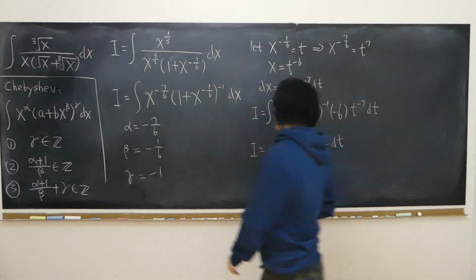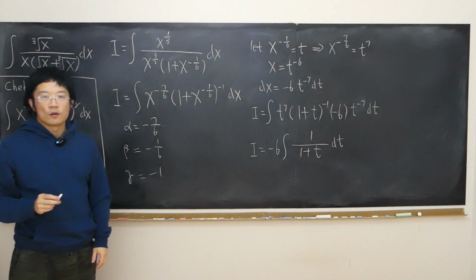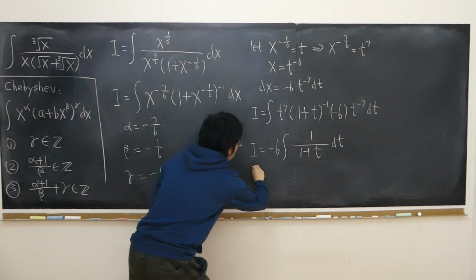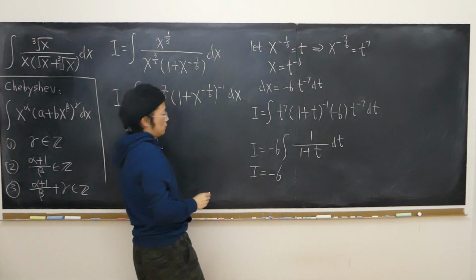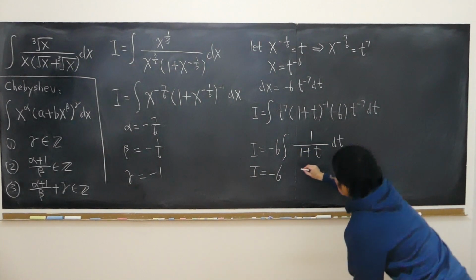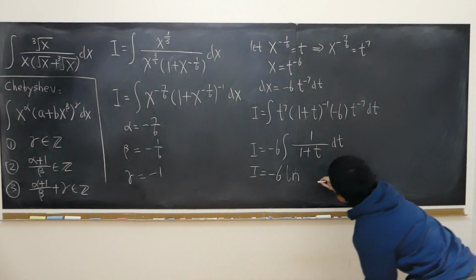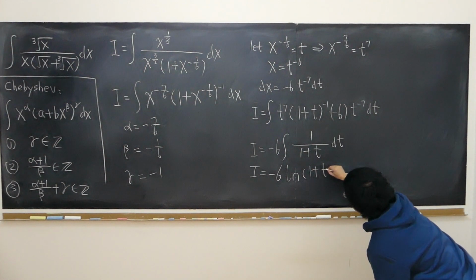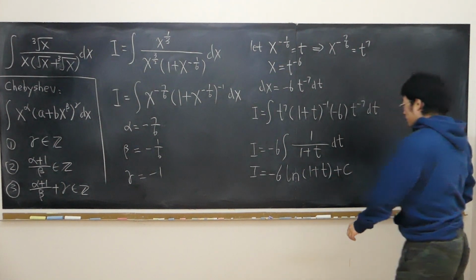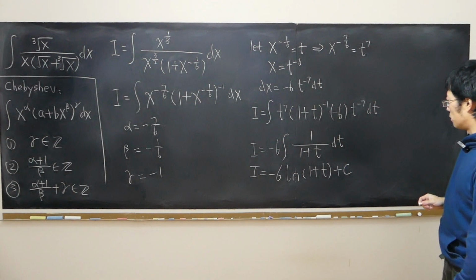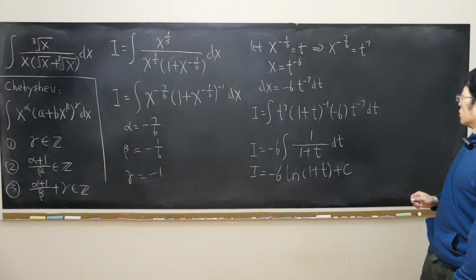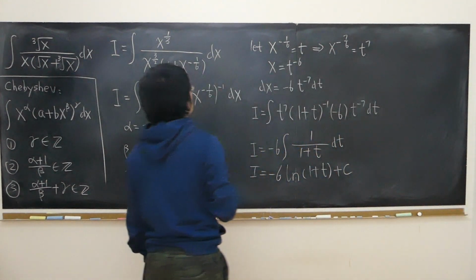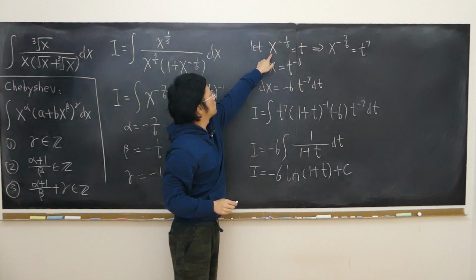Okay, this looks familiar. This is actually a log. So I is equal to minus 6 times log of 1 plus t, plus c, of course. Don't forget the constant here. Of course, we have to replace t back with x. So t is equal to x to the power of minus 1 over 6.